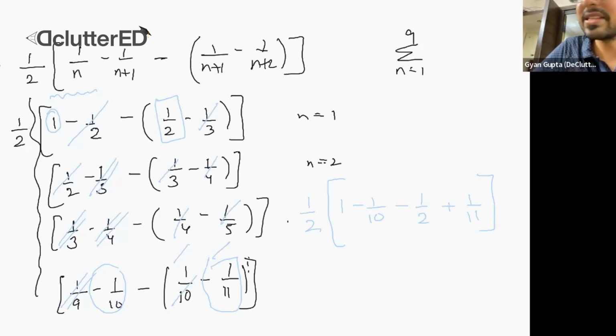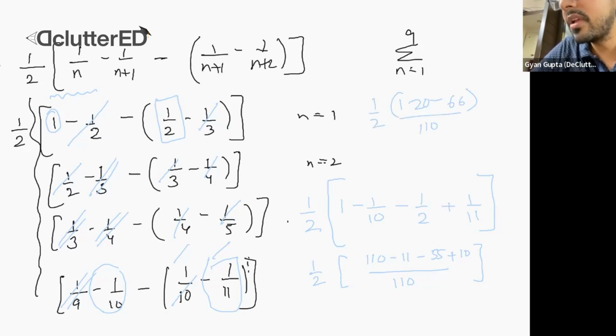So this translates to half into a simple number, that is 110 plus 10 is 120 minus 66, the whole divided by 2 and 110. 60 minus 33, which is 27 by 110.